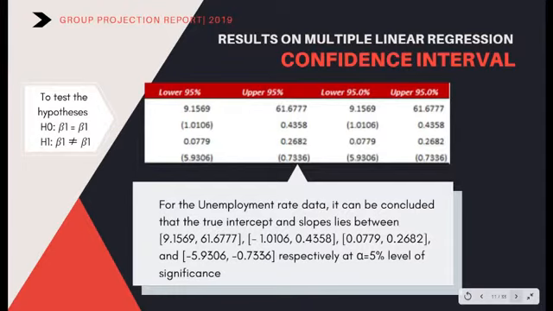For the money supply, it lies between 0.0779 and 0.2682. And lastly, for the GDP, it lies between negative 5.9306 and negative 0.7336, respectively, at alpha 5% level of significance.